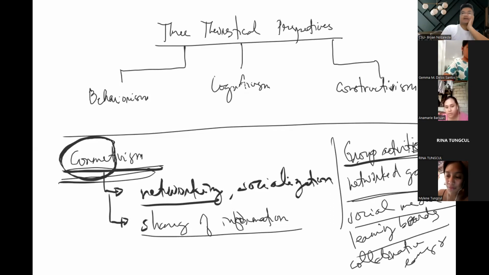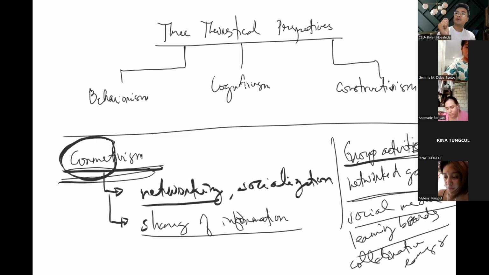So, as you can see, these theoretical perspectives have areas wherein they overlap with each other. In fact, many experiences that we implement in our classrooms overlap with each other as regards your classification, if it's behaviorism, cognitivism, constructivism, or connectivism.